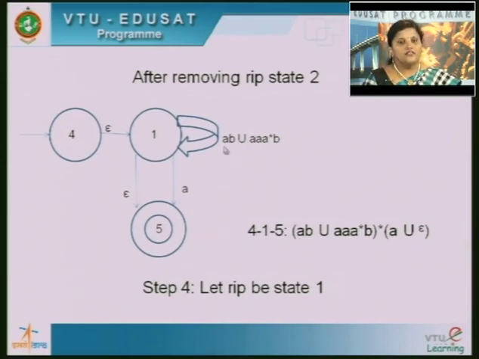Since here it is a self loop, star is there, so we need not write epsilon because this star indicates 0 or more number of times repetitions. So, directly you can write this only. So, the final regular expression will be AB union A star B for that whole star followed by A or epsilon.